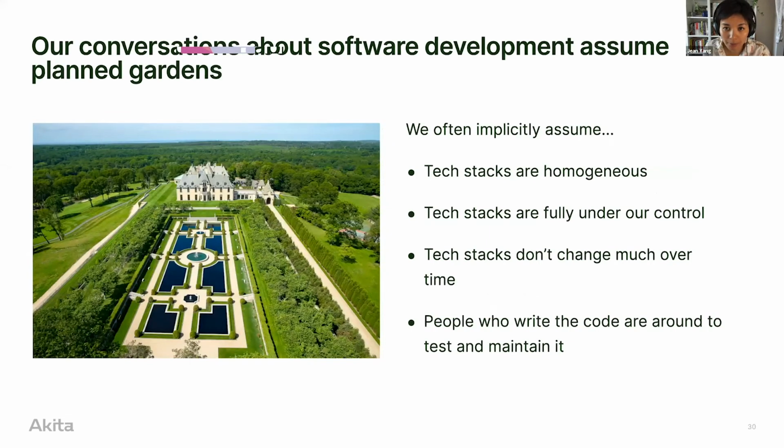And so to summarize what we implicitly assume in our conversations about software development, there are often a lot of assumptions. I hear about tech stacks being homogeneous. I often talk with teams looking to adopt OpenTelemetry, and they're like, we're just at the beginning of an OpenTelemetry adoption.